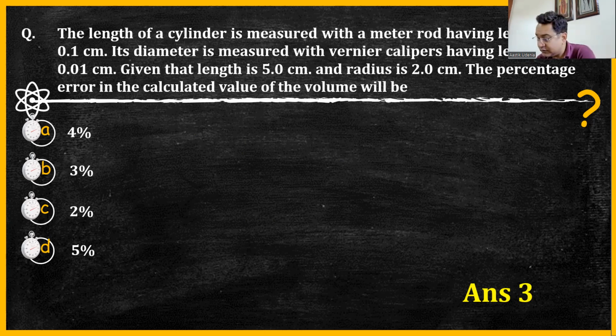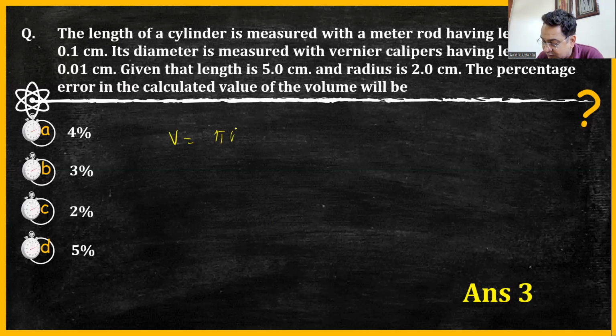Right. So if you remember, volume is pi r square L. Yes or no? Yes, sir. The percentage error in volume will be 2 times percentage error in radius plus percentage error in length.